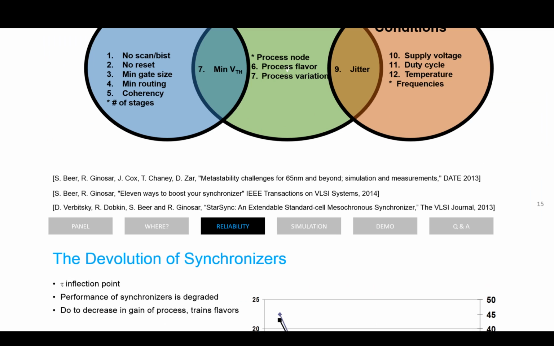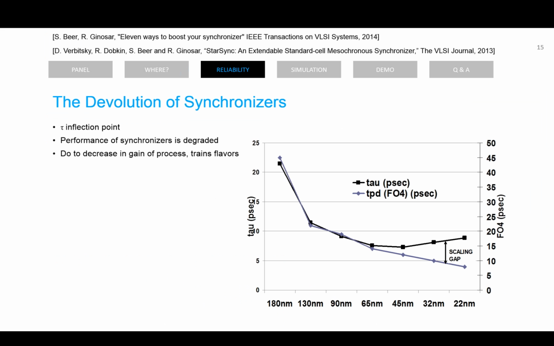On the process side, we can list which process node those circuits are built in, the process flavor, threshold voltages, and also how we translate process variations into the calculations. And in the operating conditions, this is mostly the supply voltage, duty cycle, and temperature.